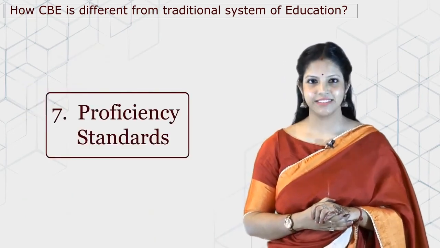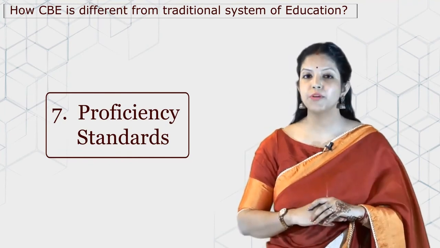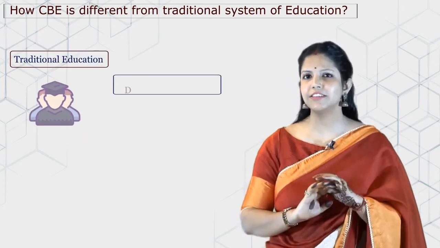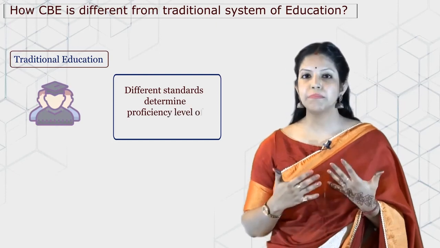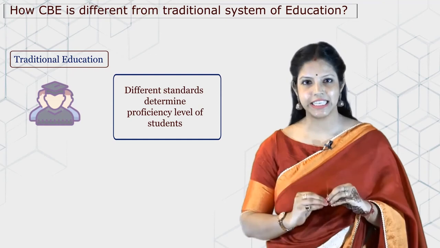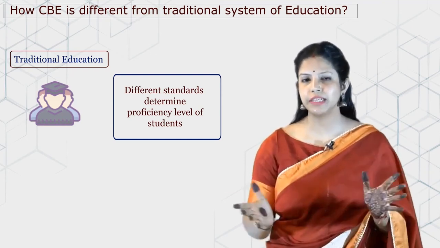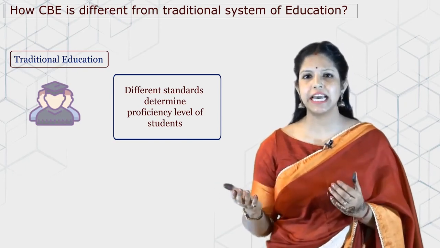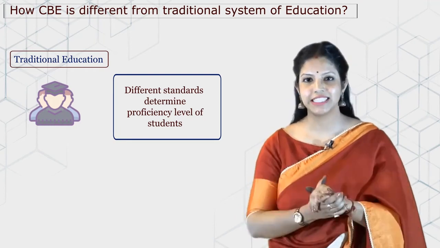Proficiency Standards. Let us compare the two systems on the parameter of proficiency standards. The traditional system has different standards with which educators and schools determine the proficiency level of students. The term proficiency or mastery has different meanings for different people in the traditional system. Some define proficiency as 80%. Some describe it as advanced.